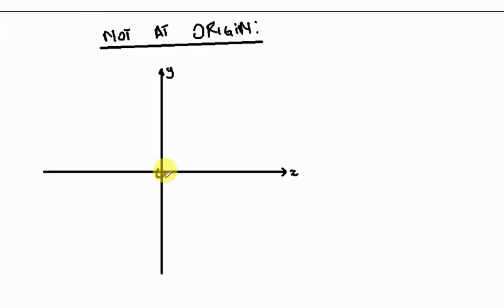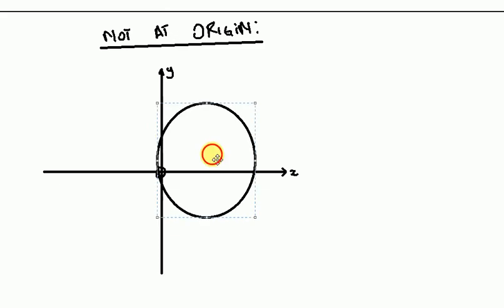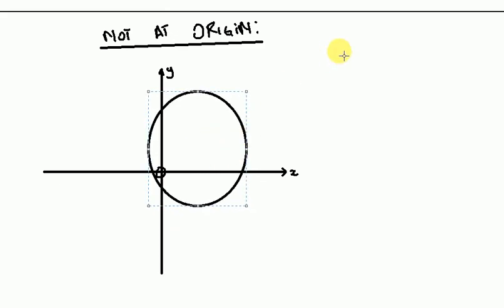So this one is not centered at the origin, so let's just draw the circle randomly. Let's put ours here, then let's put its center here.